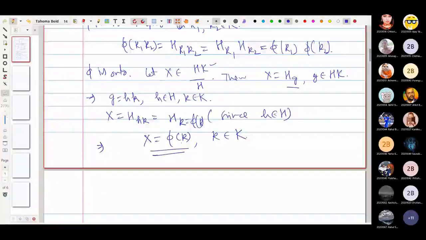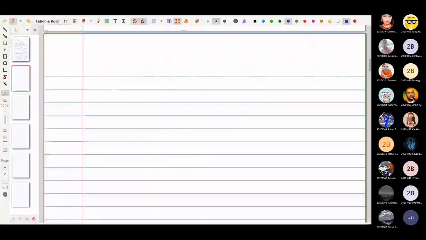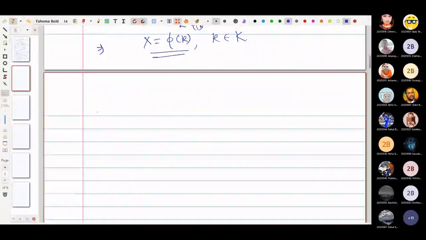Okay, so what else do we need to prove now? You can prove one-one. Similarly, we can verify this phi is one-one.